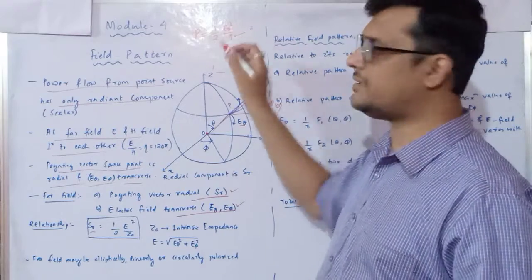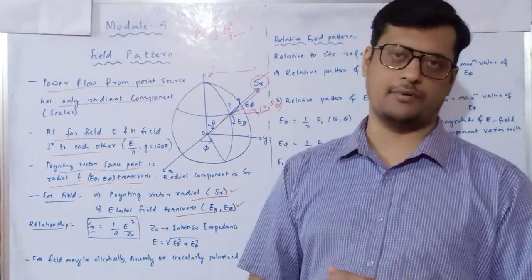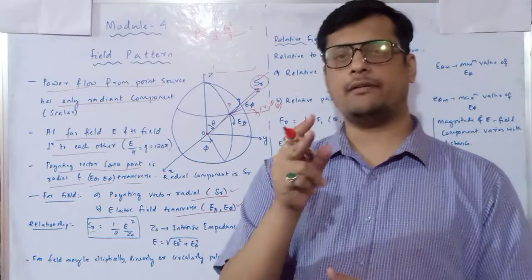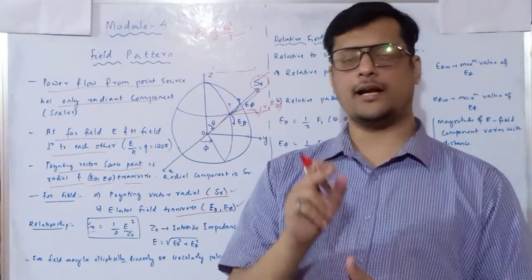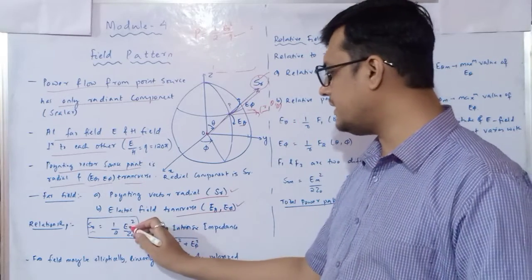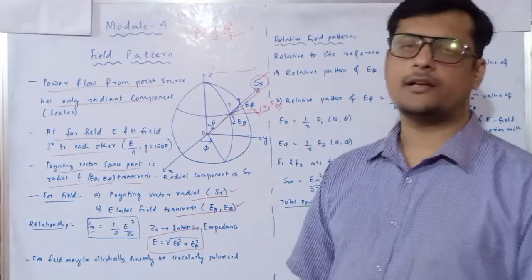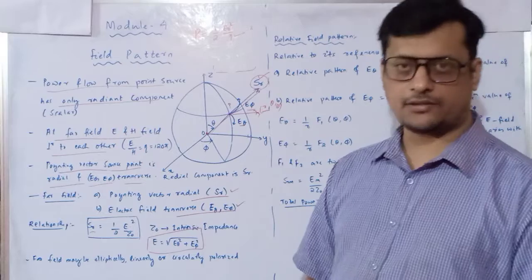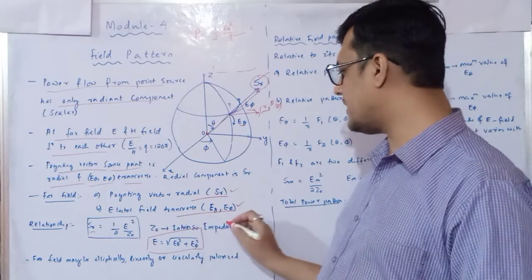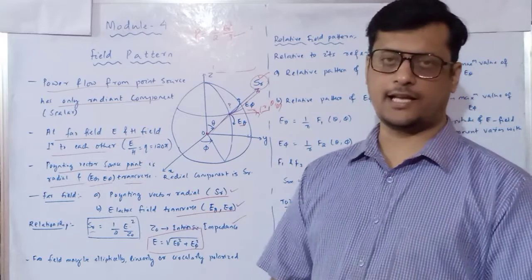Here we have considered only the magnitude of the electric field. The electric field has two other components, one is theta and one is phi. So E is equal to the square root of E theta square plus E phi square, and Z naught is our intrinsic impedance.